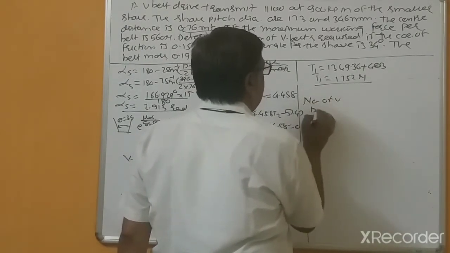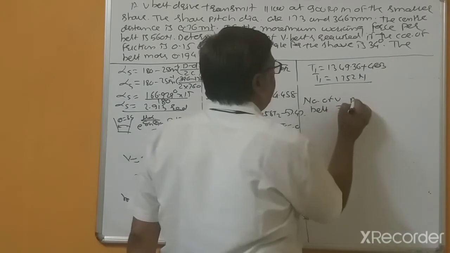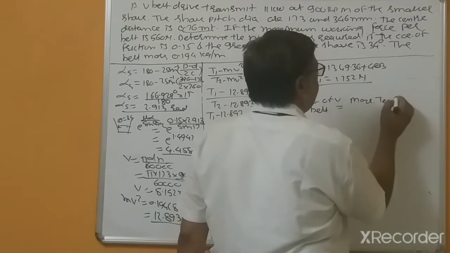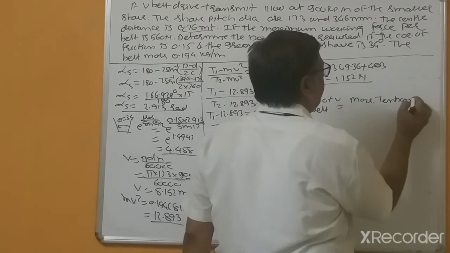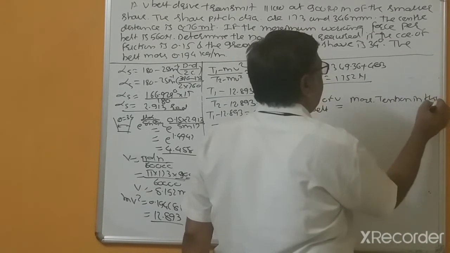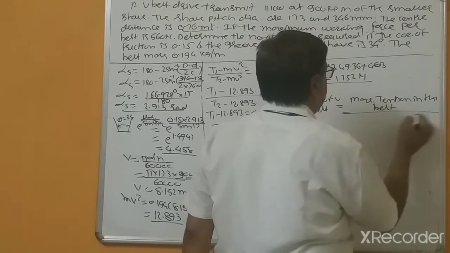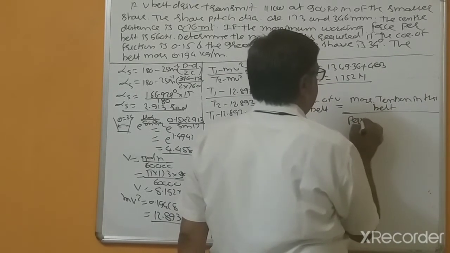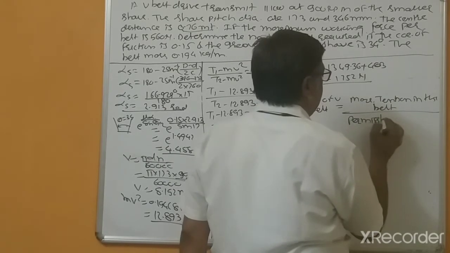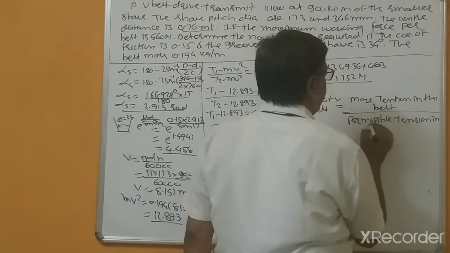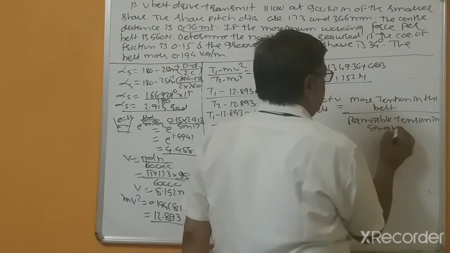So the number of V belts equals the maximum tension in the belt divided by the permissible tension in a single belt.